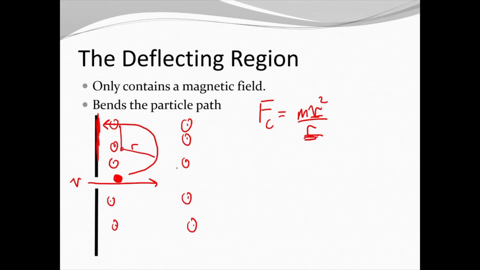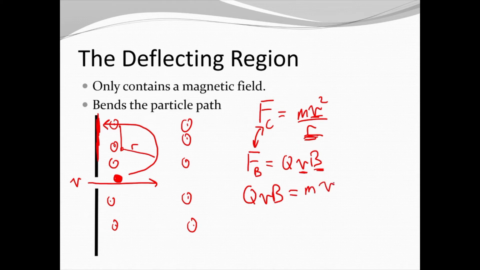In this case, it's being caused by the magnetic field, and we know that the magnetic force is equal to Q times V times B. Since these two have to be the same, in this magnetic field region, the magnetic force has to equal the centripetal force.